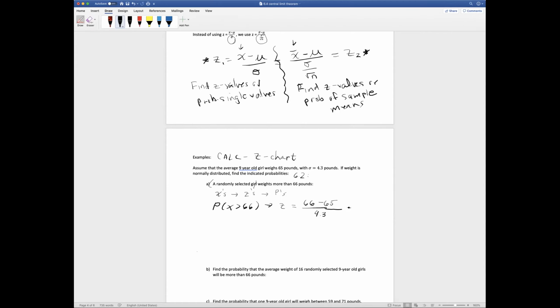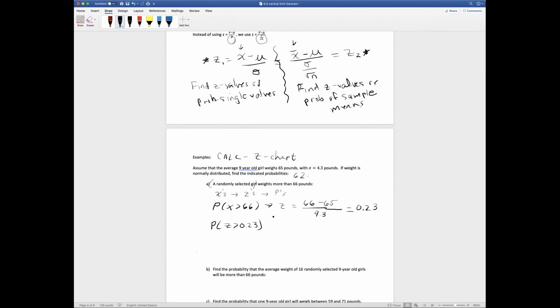So 66 minus 65 divided by 4.3, and we get 0.23. Now remember, z values, we're always going to round them to 2 decimal places. Okay, so we want to find the probability that z is greater than 0.23.